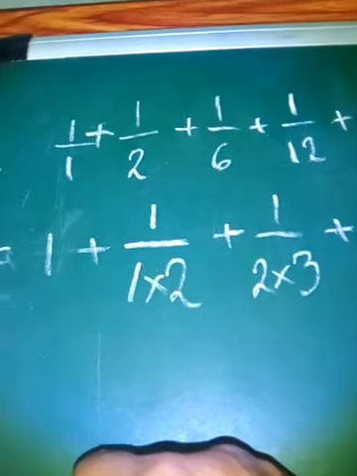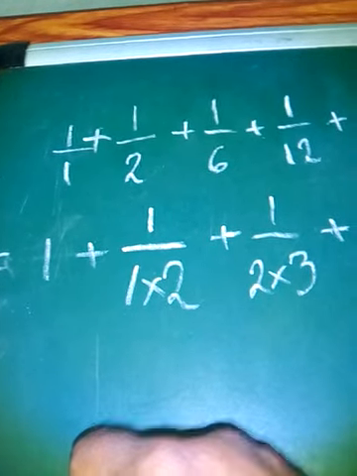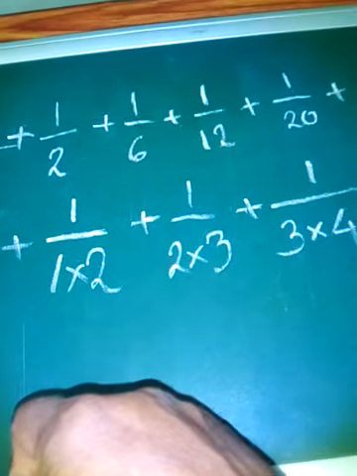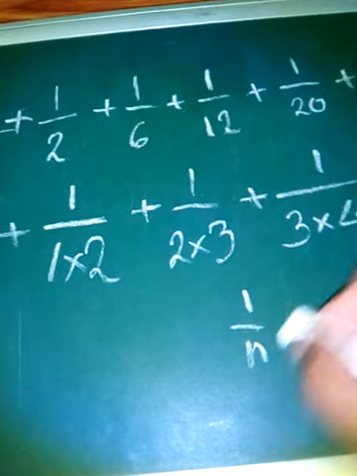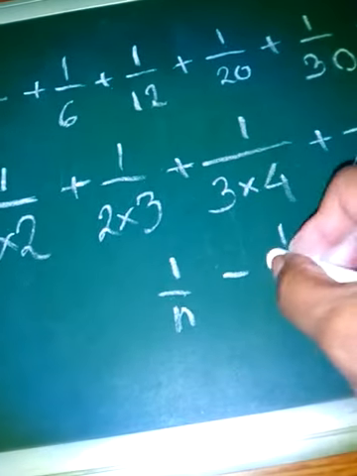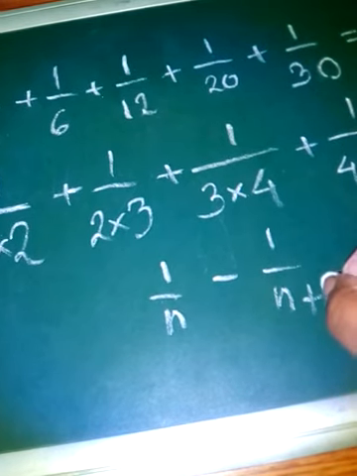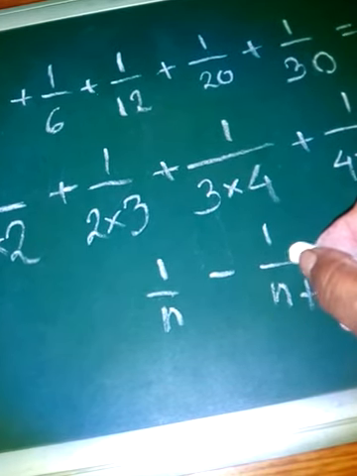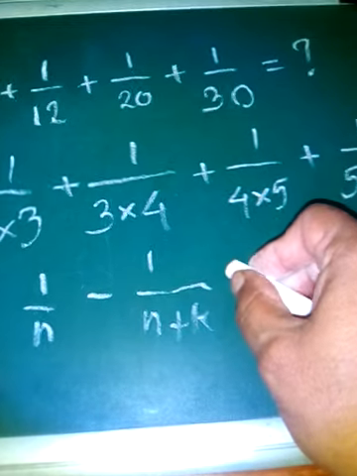Now here we have one observation. If you have, say, 1 upon n minus 1 upon n plus k, then how will you do this subtraction?